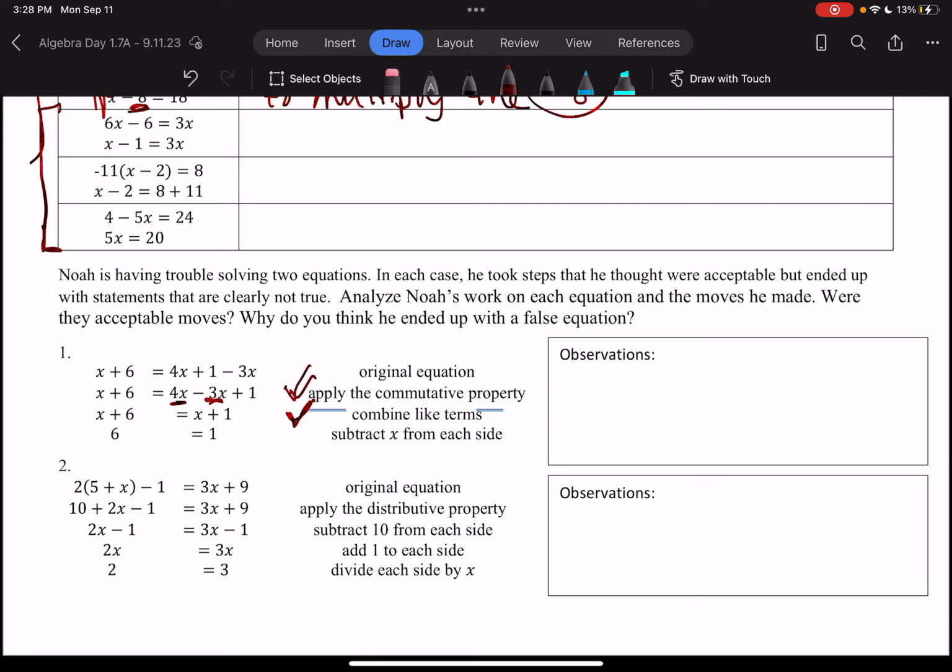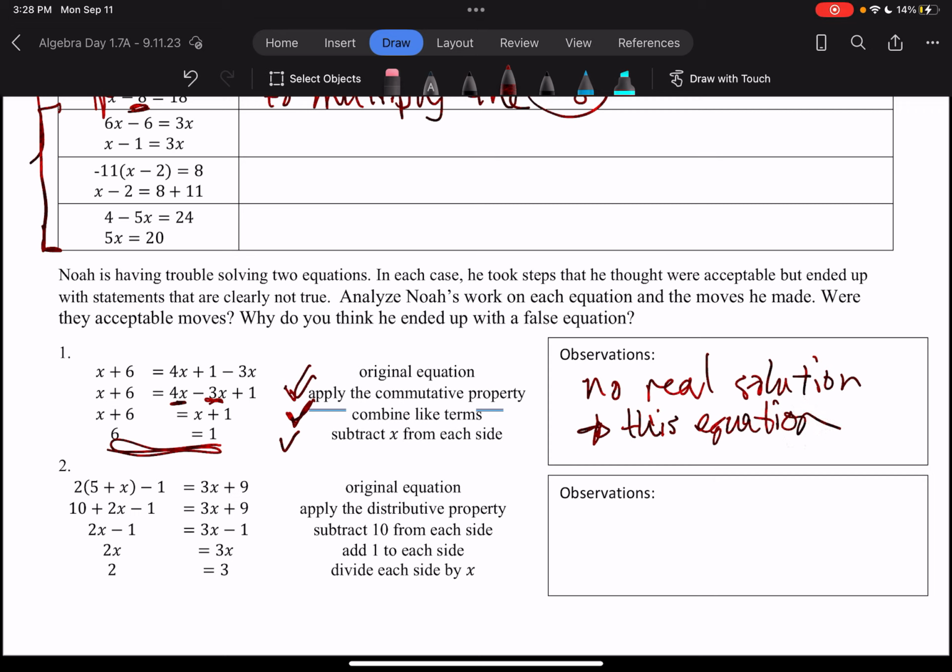And what he did then is he got 6 equals 1. Well, here it looks like this equation is correct, right? And so that means that because we end up with 6 equals 1 and he made all legal moves, there is no real solution to this equation.